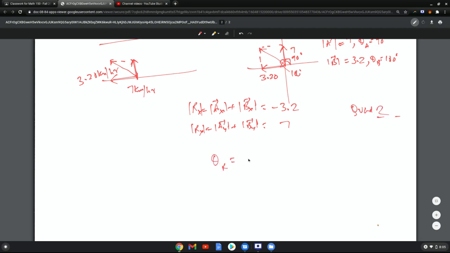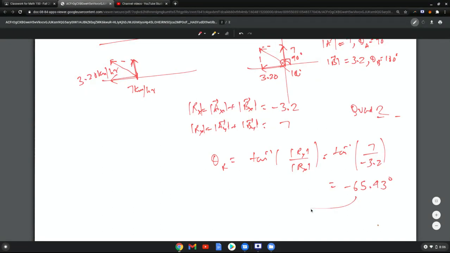Now the angle is going to be tan inverse of Ry over Rx, which is inverse tan of 7 over negative 3.2. Tan inverse of 7 divided by negative 3.2 comes out to negative 65.43 degrees.